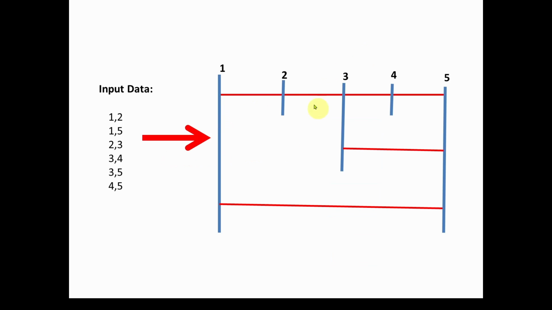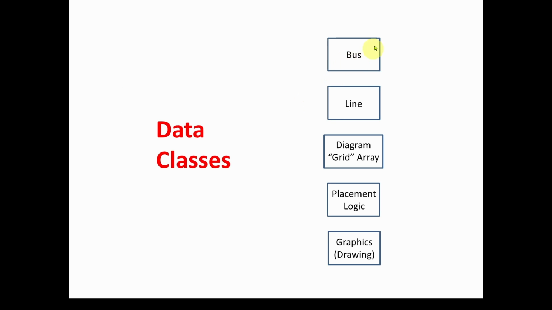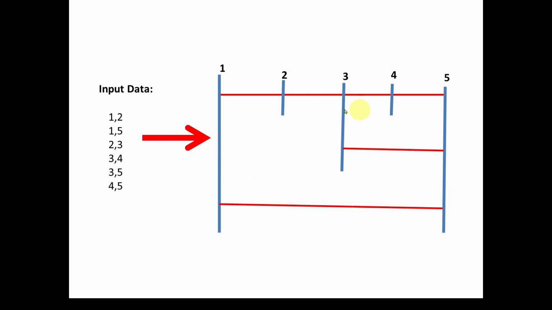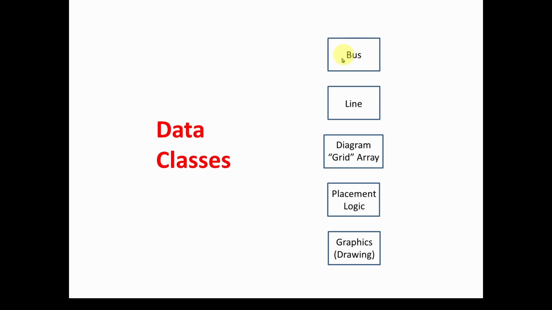So other than just for this diagram, we're probably going to want to have a bus class to define this, because this problem is probably the front end to doing an engineering solution of this system you see in this diagram. So this is a great opportunity to define a real-world bus class and also a line class.